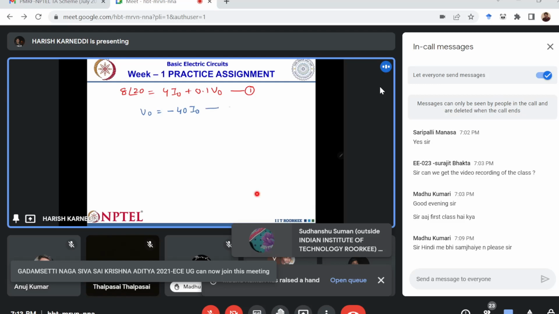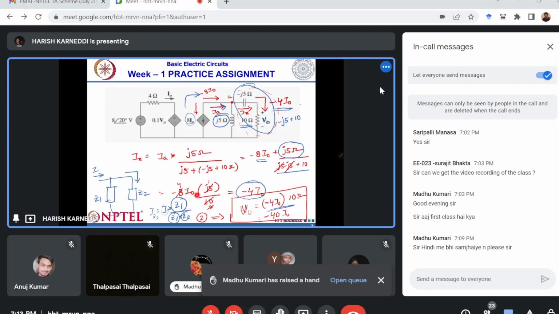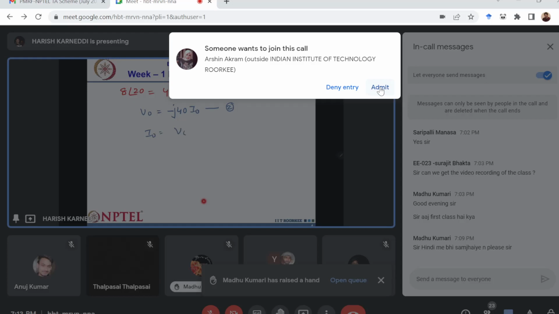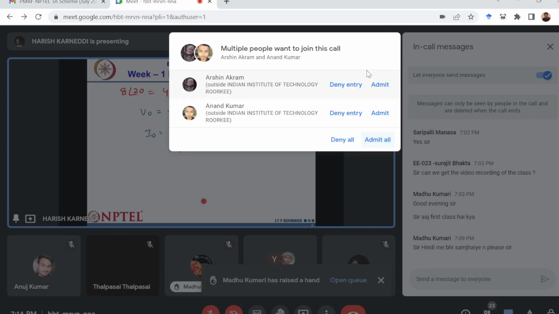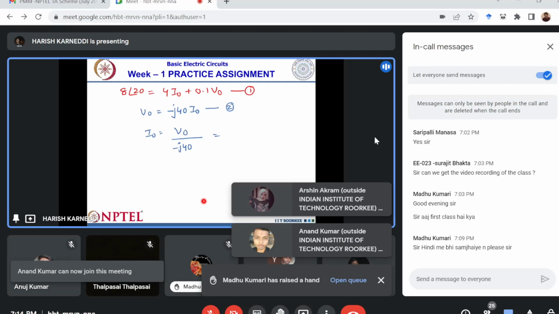We are substituting this equation. So I naught equals V naught by minus J40, that equals, what is the value of 1 by minus J40?